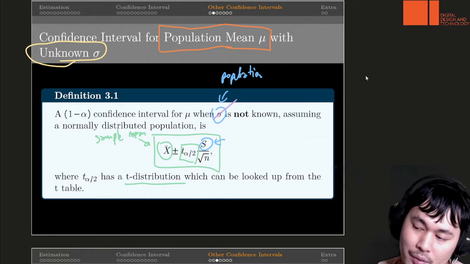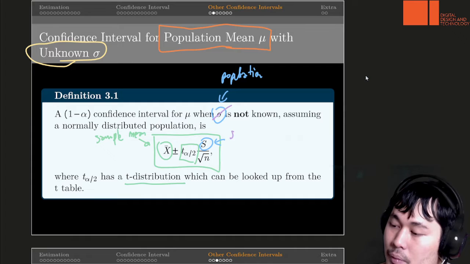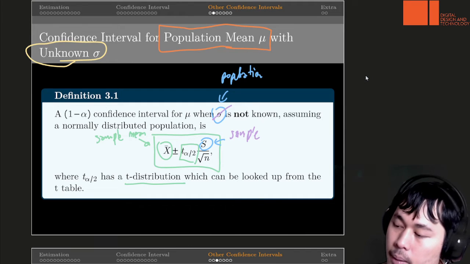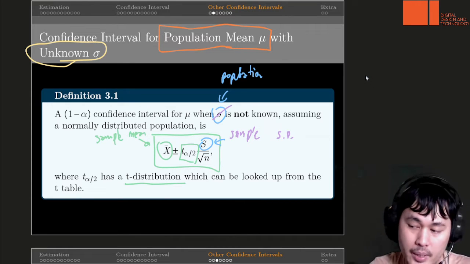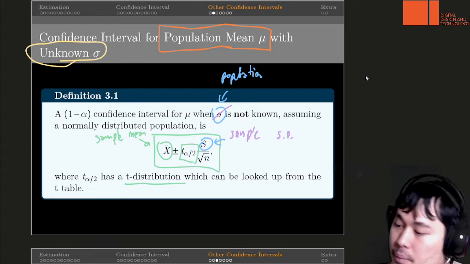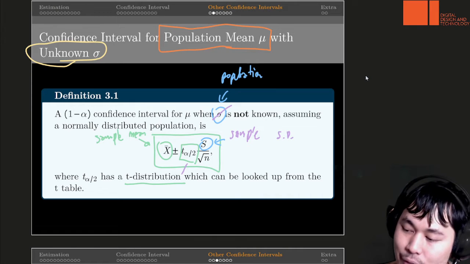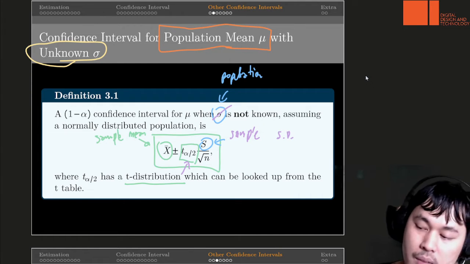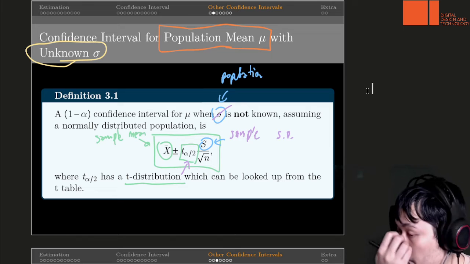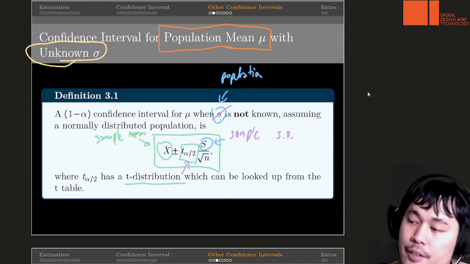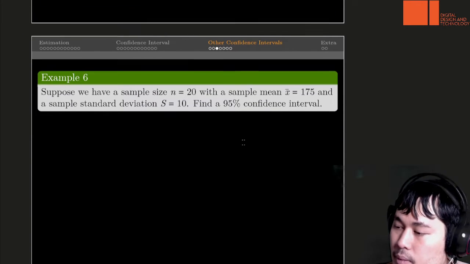But if you don't know the standard deviation for the population, then we need to use the sample standard deviation instead. So get a sample and compute the standard deviation from that sample. Of course there's more work to do. We need a different table, we need a different standard deviation. But nonetheless, if you apply the same concept and the same kind of computation, you can still derive this formula. And yeah, let's try that.